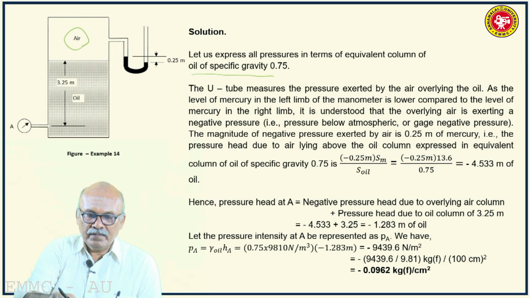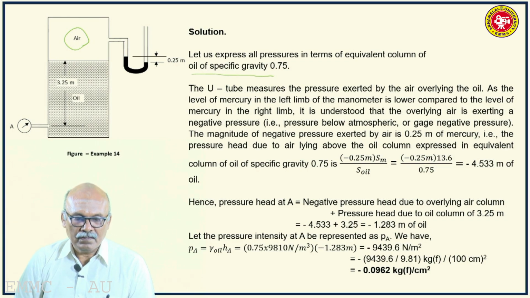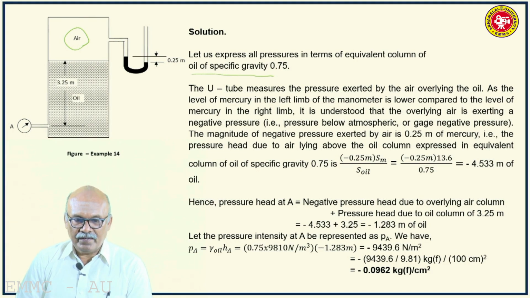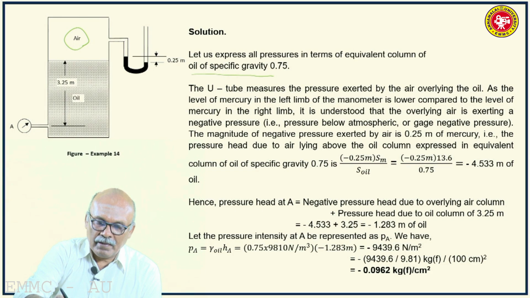To start with, initially the levels of mercury in the two limbs of the manometer will be the same, but once the left limb is connected to the point in the vessel where air is placed, you can see the level of mercury in the right limb has gone down. That means the pressure of air is below atmospheric. Here the atmospheric pressure has driven the mercury column down in the right limb, and accordingly the mercury column in the left limb has risen up.